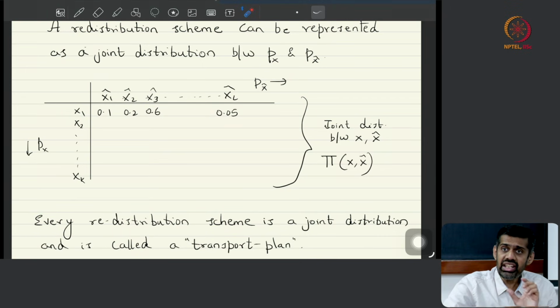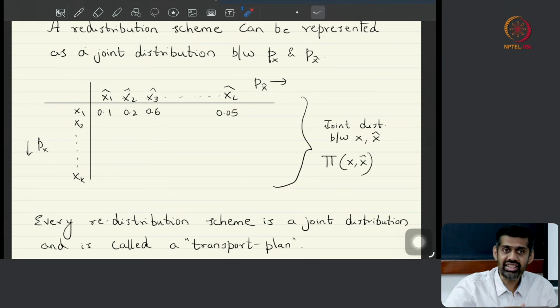Every redistribution scheme, which is also called the transport scheme, and that is why the name optimal transport, we have not talked about optimality yet, we are only talking about the transport scheme. Every redistribution scheme that would redistribute the mass in the support of one distribution so that it becomes the other distribution is called a transport scheme, and it can be represented as a joint distribution. Every joint distribution between two random variables gives you a redistribution scheme to make one distribution into the other, and vice versa.